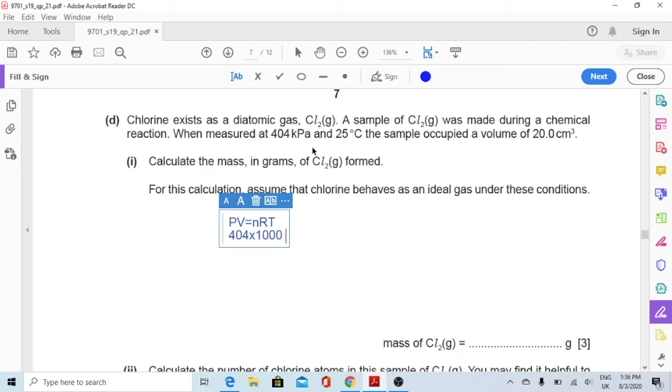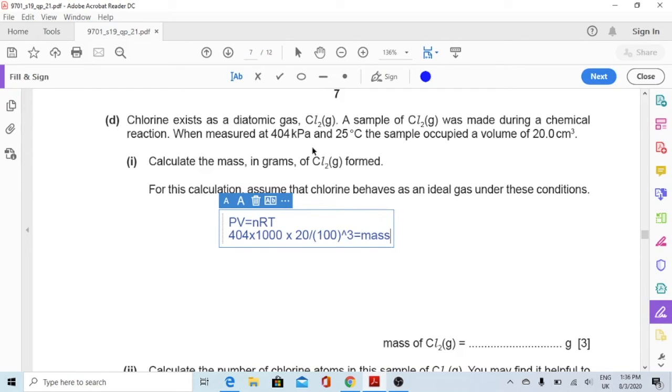Now volume, which is given to us, is in centimeter cube. We need to convert centimeter to meter cube. So into 20 divided by 100 to the power cube is equal to number of moles, which is mass divided by molar mass.